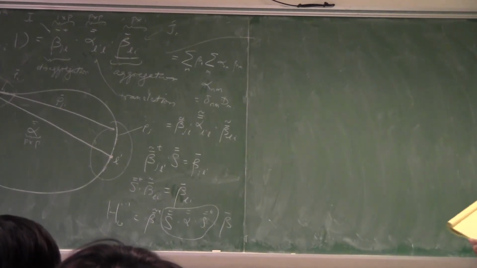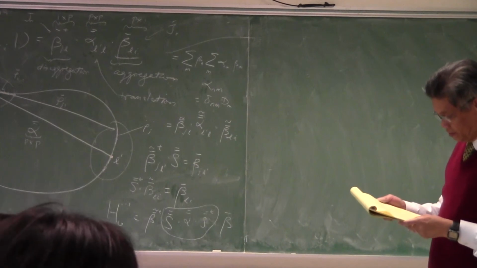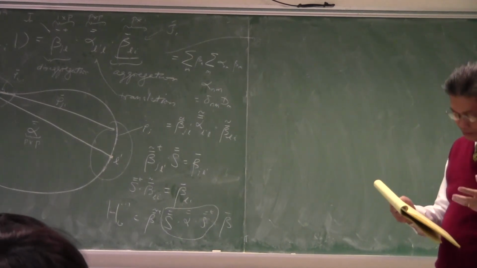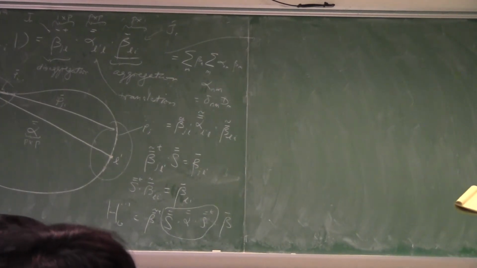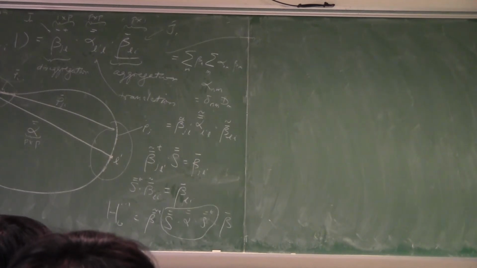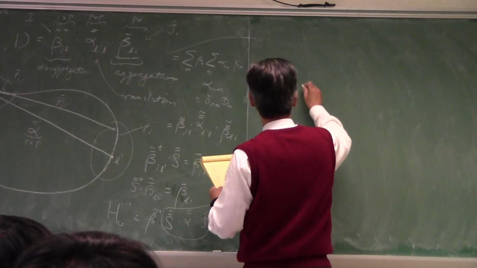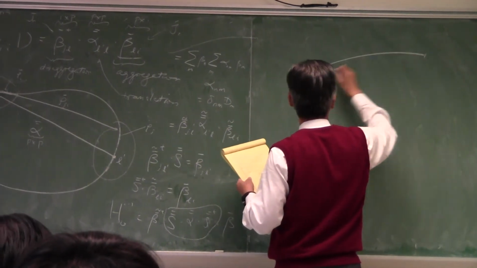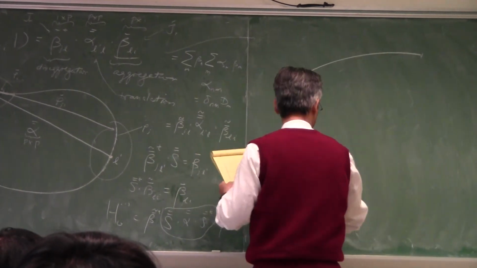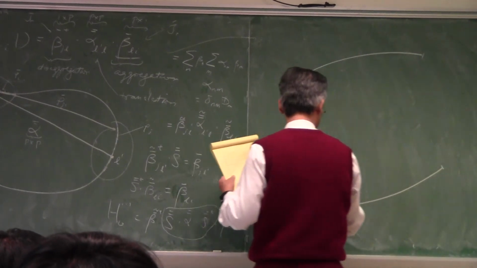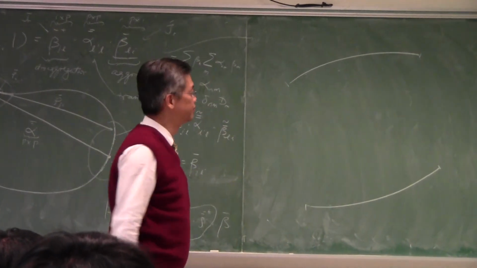So what use does this have? Let's look at how it can be used to speed up fast algorithm calculations, interactions between sources. Let's assume that we have a group of sources over here, and I want to calculate the interaction between these two groups of sources.